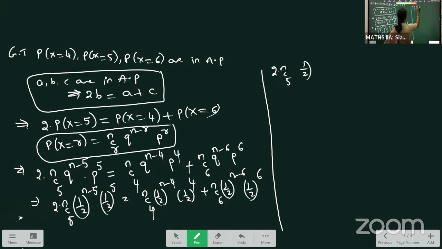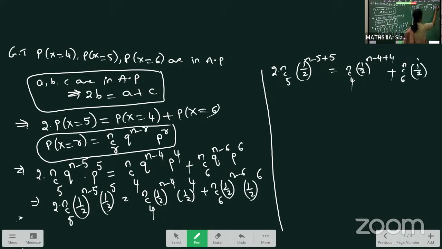So (1/2)^(n−5+5) equals nC4 as it is, again the same concept, (1/2)^(n−4+4), plus nC6, again bases are the same, powers are added, (1/2)^(n−6+6).